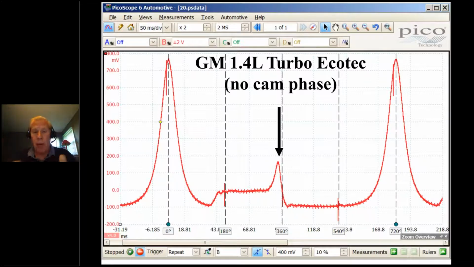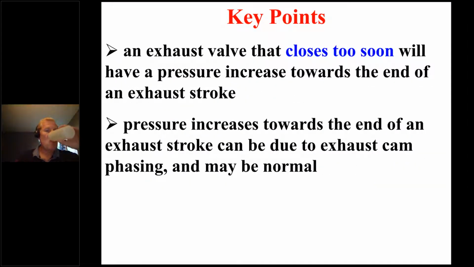So getting back to my key point here. An exhaust valve that closes too soon, I'll talk more about examples of that, but an exhaust valve that closes too soon will have a pressure pulse, a pressure increase towards the end of an exhaust stroke. So good or bad, that's going to occur.